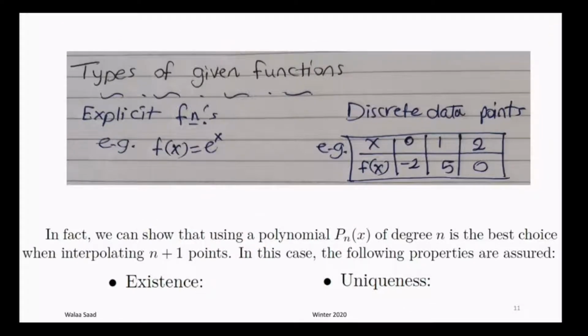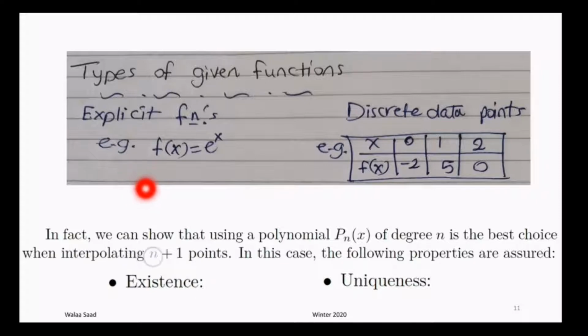The given data will be like we see here, either discrete data points, where the points are read from or experimented in any laboratory, or an explicit function, and of course we will be given the function itself and its domain of interest in the interval form.